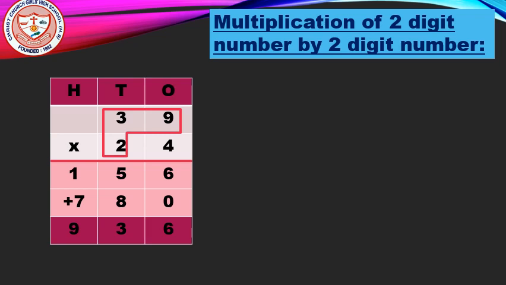That means it is 2 tens. 2 tens means 20. So actually here we are calculating 39 into 20. That is why we are going to put the 0 at the right of the product.